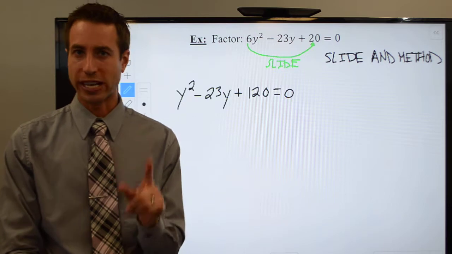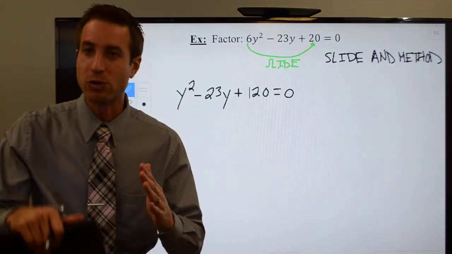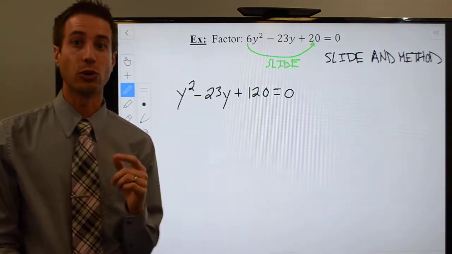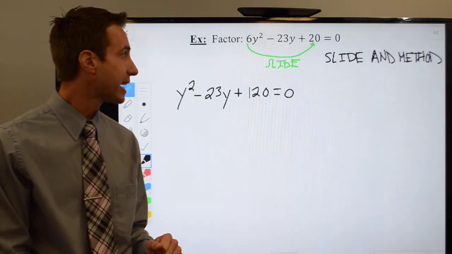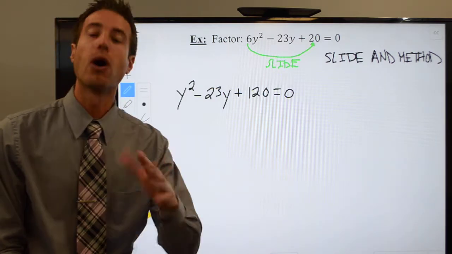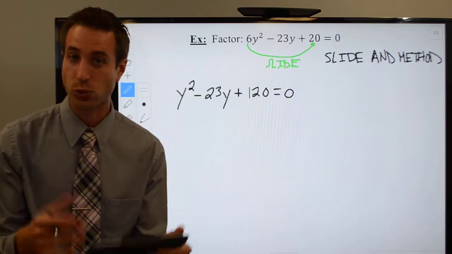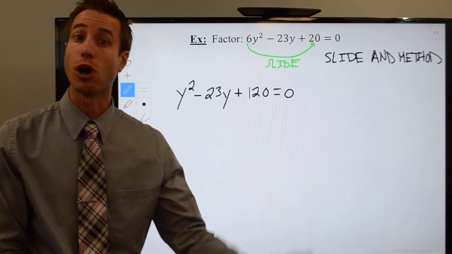Let me make a quick note here about this. This is like a kung fu ninja math trick. You're not actually doing real algebra here, and here's why. One of the rules in algebra is this. Whenever you have an equation, whatever you do to one term, you must do to all of the terms.